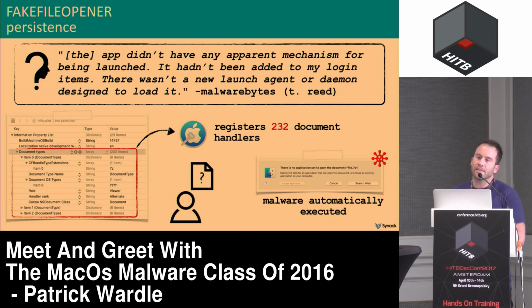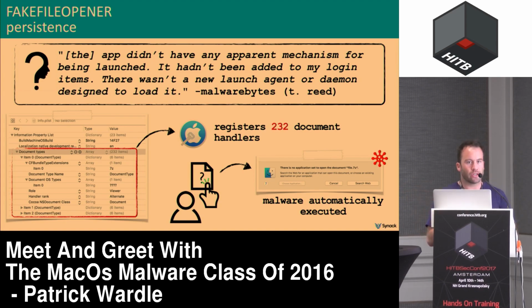As I mentioned, the persistence mechanism was kind of interesting, and there was a quote from Thomas saying that when he detected this malware and executed it, it didn't persist in any common ways. What it does do is register itself as a document handler for about 200 different types of files. What this means is if the user at a later time goes to open a file of an extension that the malware has registered, for example .7zip or something a little more esoteric, the operating system will automatically execute the malware.